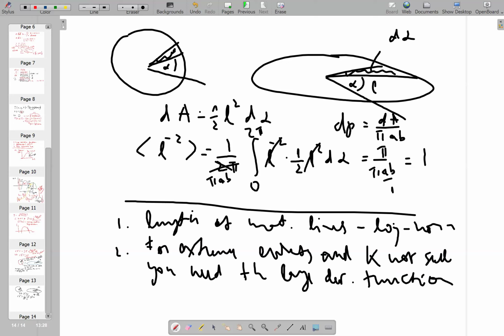And third, we still have L to minus D. D was 2 here, but if you take a 3-dimensional space, D becomes 3. L to minus D is constant if you average. You have a statistical conservation law. If you average over all the directions, then you have a constant.